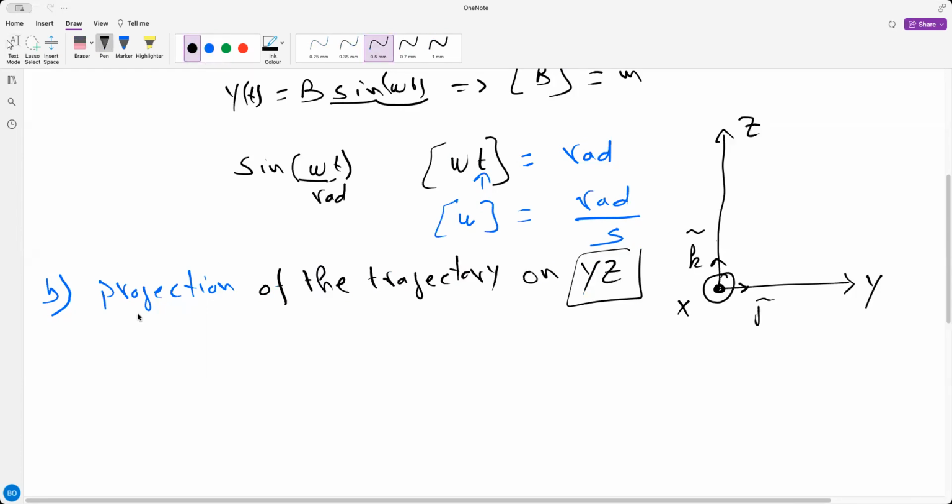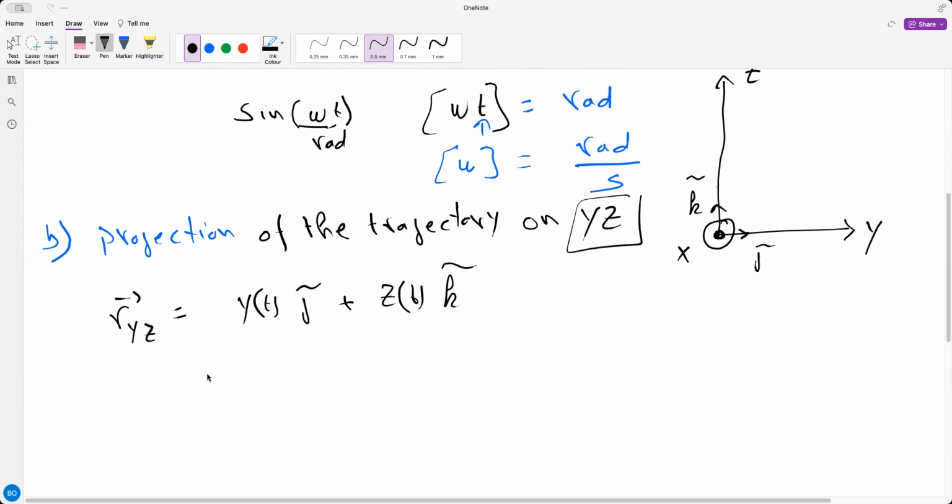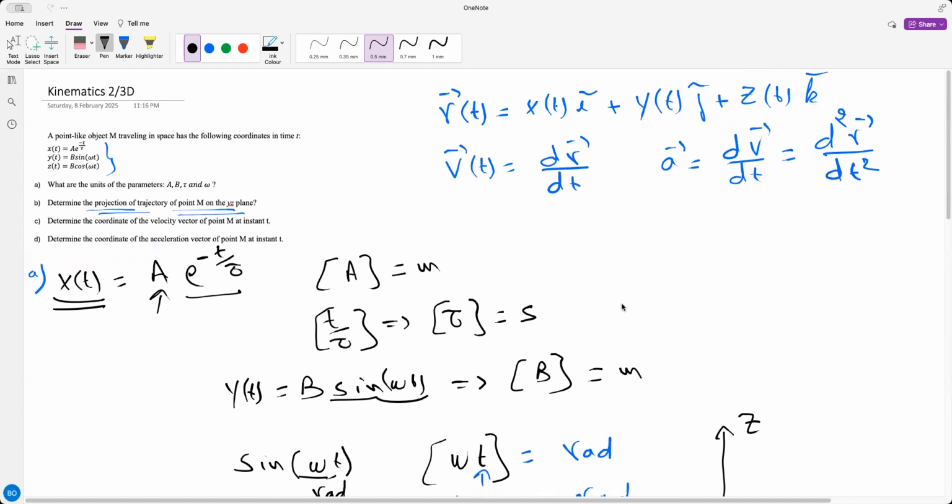How do we do the projection? I will call the vector YZ, and this vector is just the coordinate y(t) j plus z(t) k. So what is y(t)? y(t) is equal to b sine omega t j plus b cosine omega t k. This is what is given here.